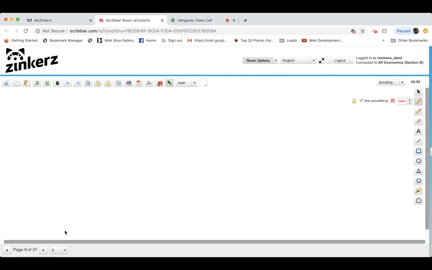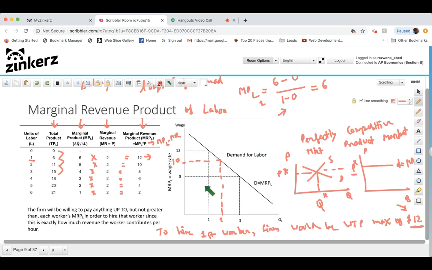So that was one important point of understanding, that the demand for labor is equal to the marginal revenue product of labor. You have to make sure that you know how to calculate this, which is basically just finding the marginal product of labor and then multiplying that by the price of the good.